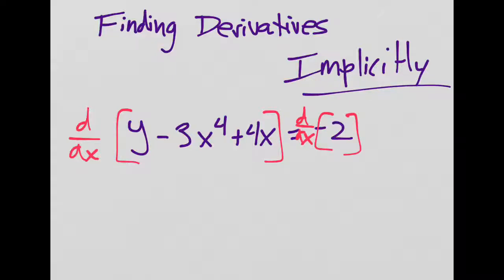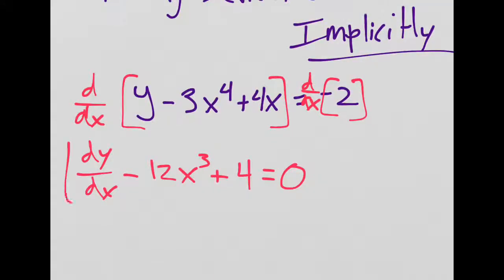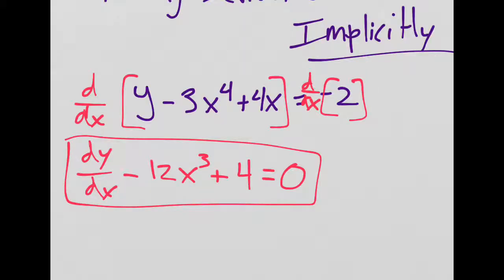So the derivative with respect to x of y is just going to be my dy/dx, minus the derivative of 3x to the fourth, which is going to give me 4 times 3, again, that 12x, drop the power by 1, cubed, plus my 4 from the 4x term there, equals the derivative on the right-hand side. Well, that's just a constant term, so the derivative of a constant term is always 0. And so I get this expression right here, which looks pretty similar to what we have over here. We have a dy/dx, a 12x cubed, and 4, but everything is on different sides.